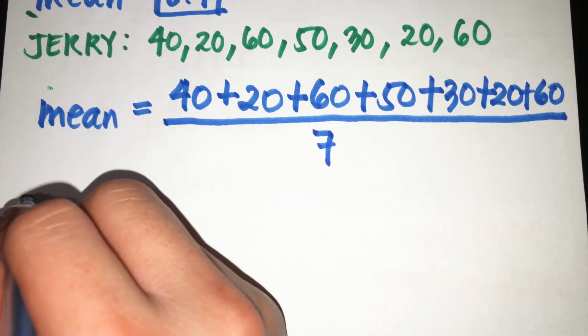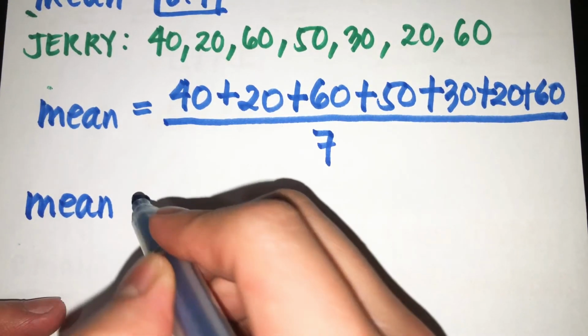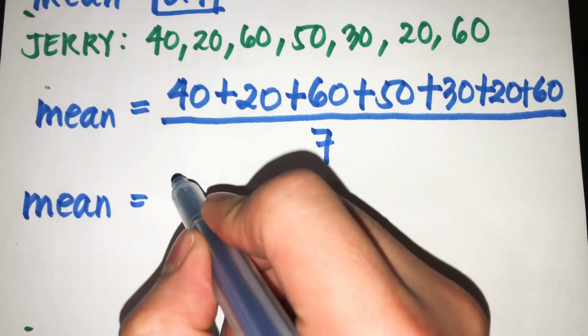Then the mean now is equal to, now if we add all of the scores here, we have 280.